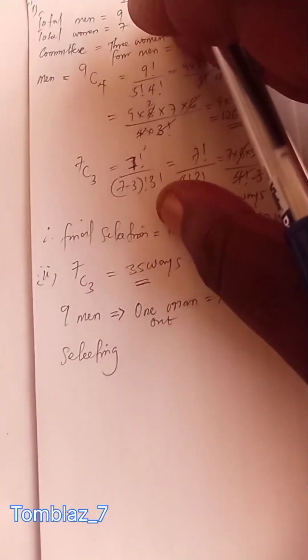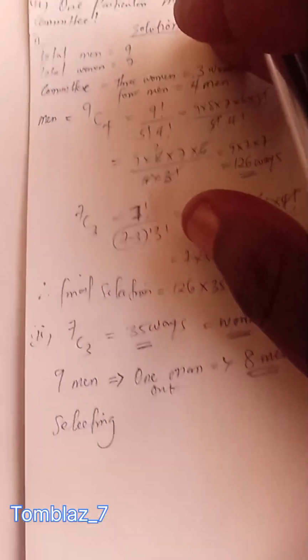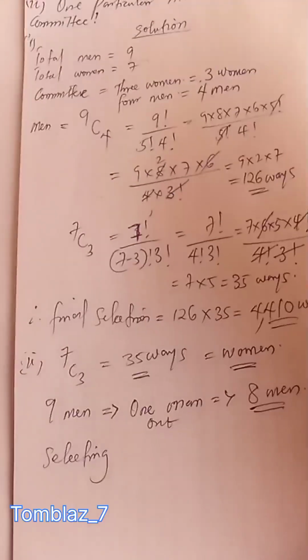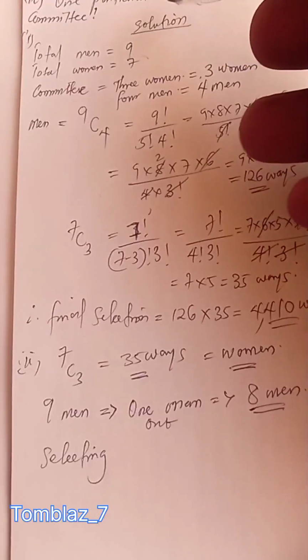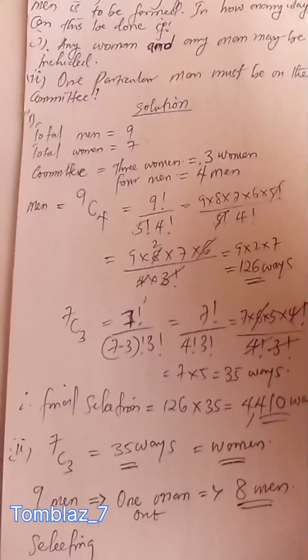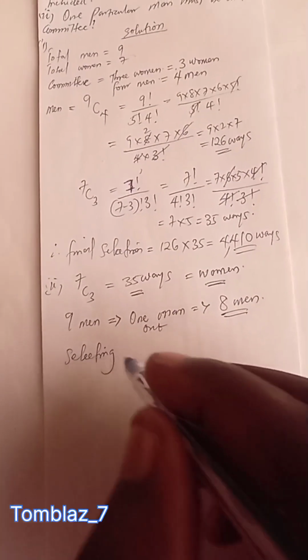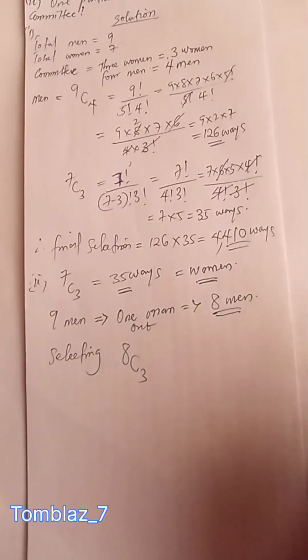So we're going to be selecting. Let's go to the number of men now. Since we have removed one man, we're going to be selecting 3 men out of 8, because we cannot select 4 men again since the men have reduced to 3. So now we'll be selecting 8 combination 3.